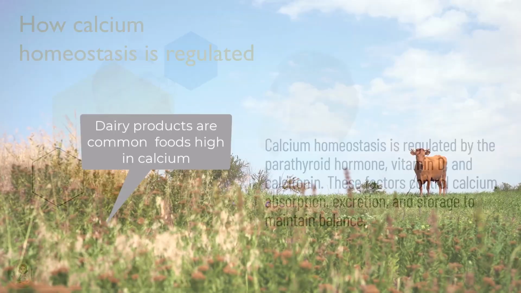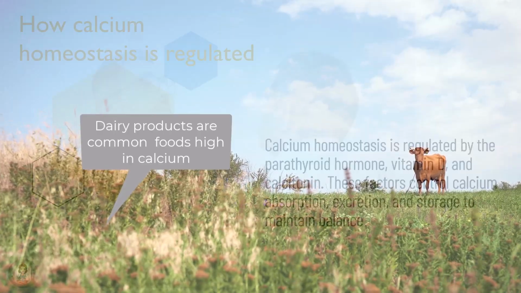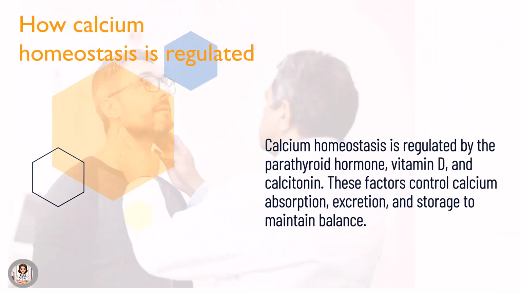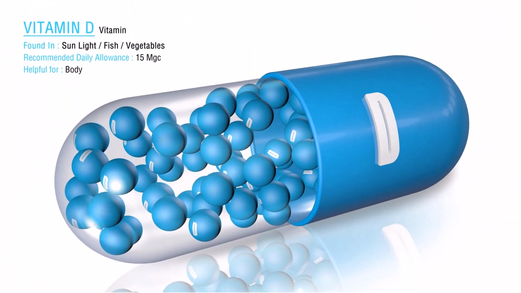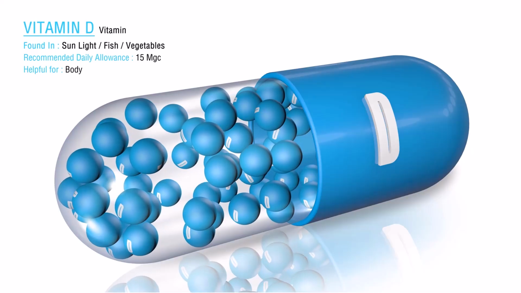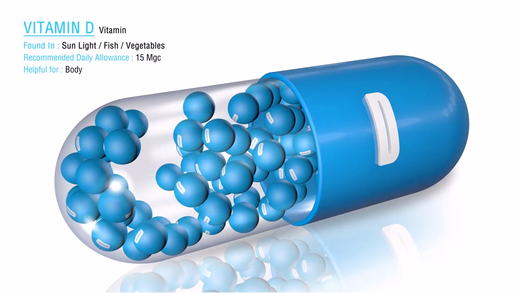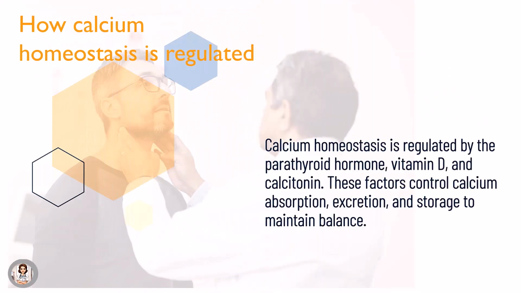Dairy products are common foods high in calcium. Absorption of dietary calcium requires the active form of vitamin D. Calcium is stored in the bones, and when more calcium is needed, the parathyroid hormone is released from the parathyroid glands, which then increases serum calcium levels.